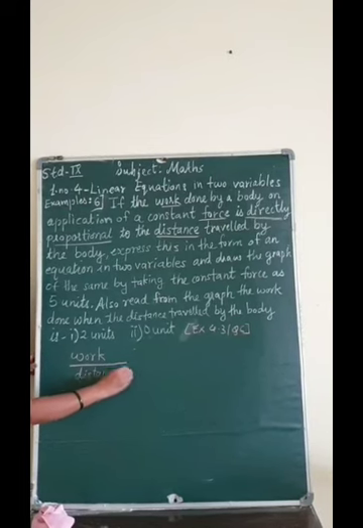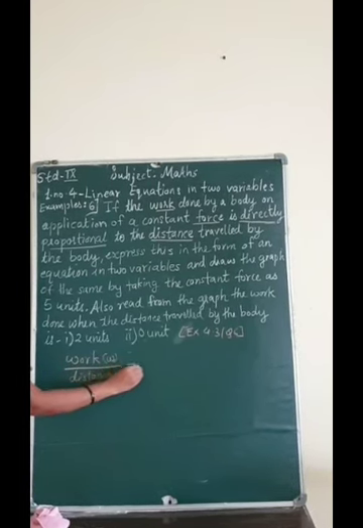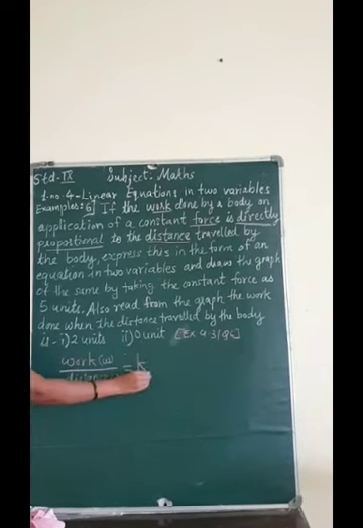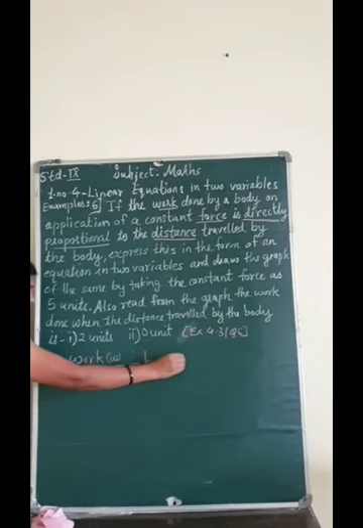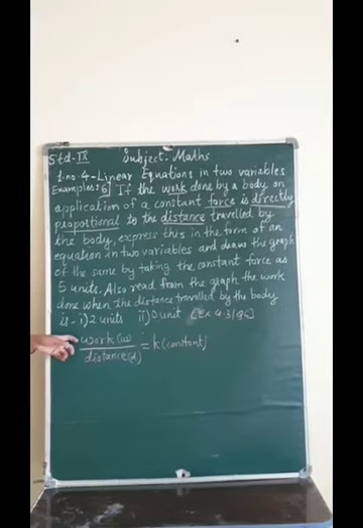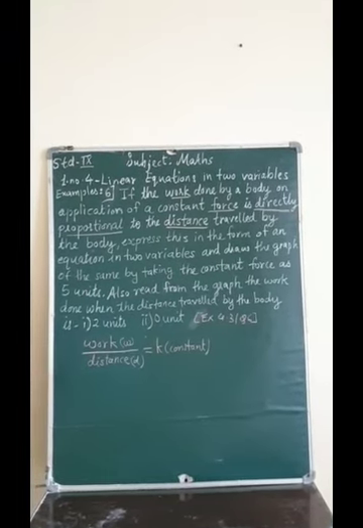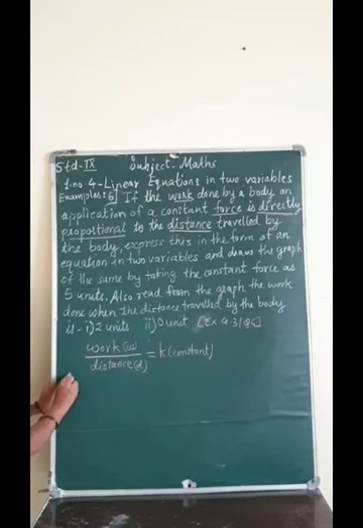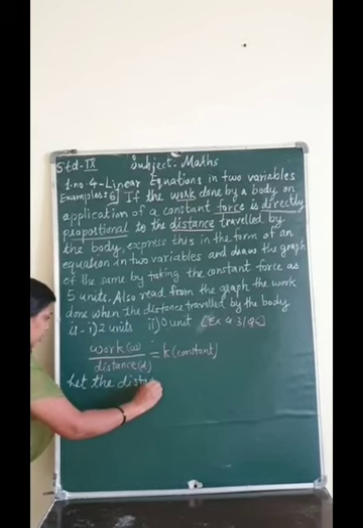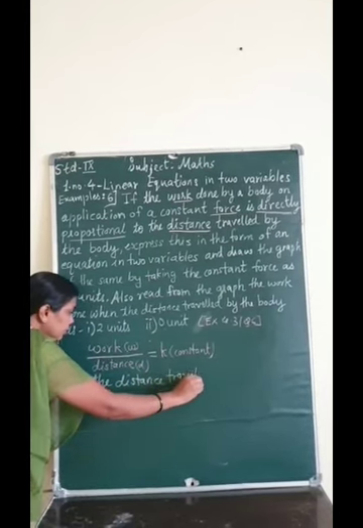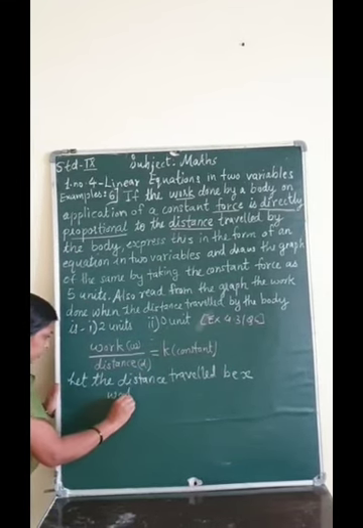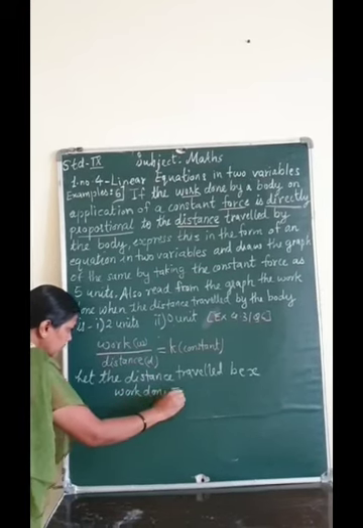So here we take this as D and this as W. And directly proportional means the ratio of these is constant. Using this concept of work, distance and constant force, let the distance travelled be x, and the work done be y.